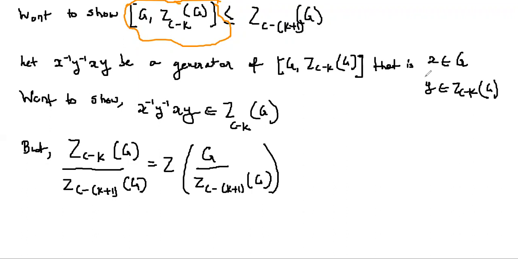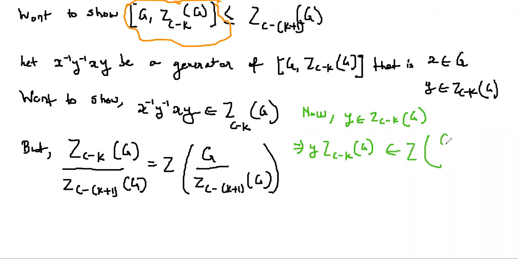Now you see something nice is happening. You see this y is in Z_{c-k} G, right? So what does it mean? That means y Z_{c-k-1} G is in the center of G over Z_{c-k-1} G. What is the meaning of being in the center?